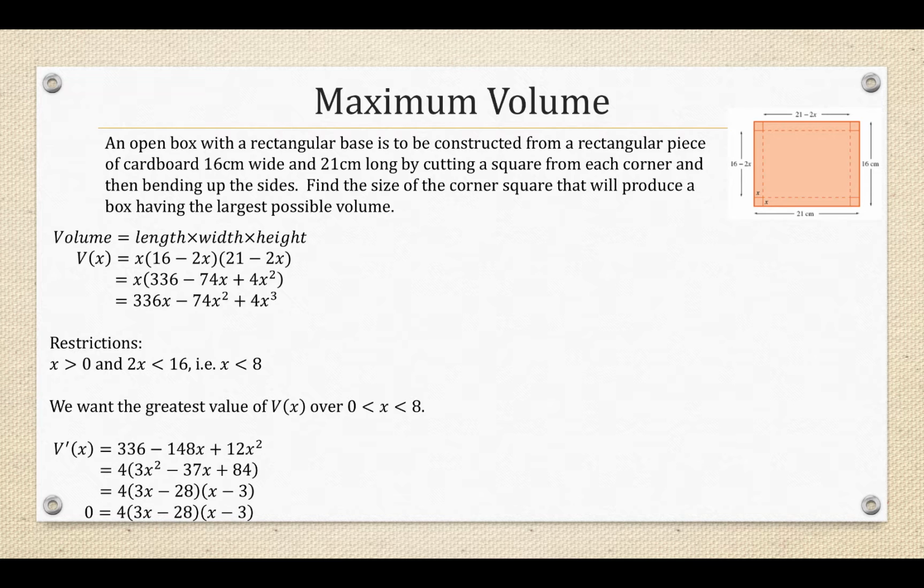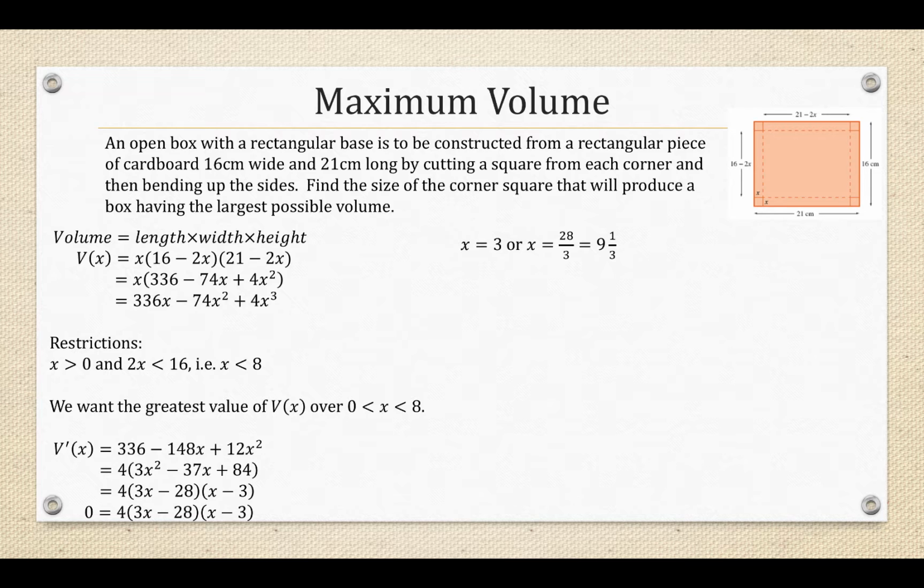We need to allow that to equal 0 to get a stationary point. So in order to find which ones will equal 0, each set of brackets we allow to equal 0, which will give us x is equal to 3 or x is equal to 28 over 3, which is equal to 9 1/3.